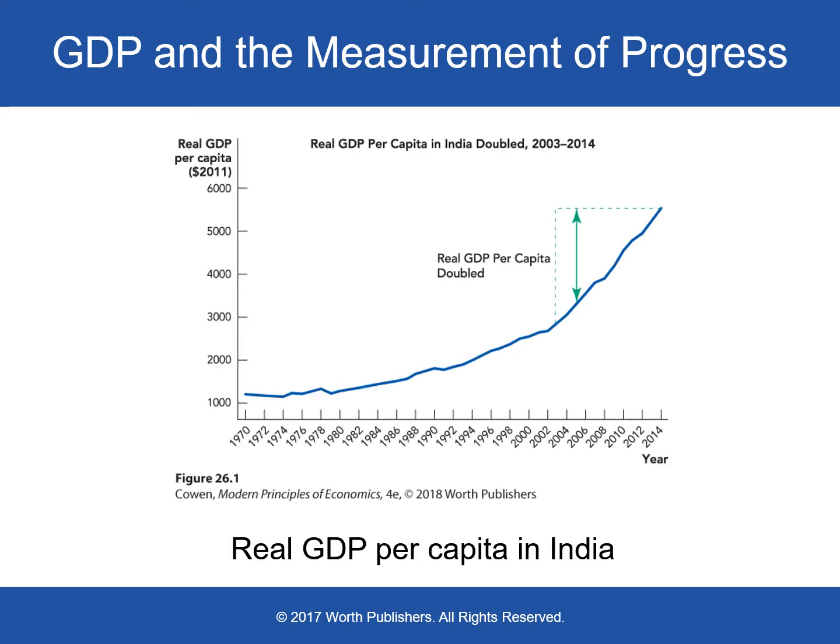Here you see a chart showing the growth rate of real GDP per capita in India over an extended period of time. Now, this is real, so this is not biased by inflation, and it's per capita, so this is also adjusting for population size.